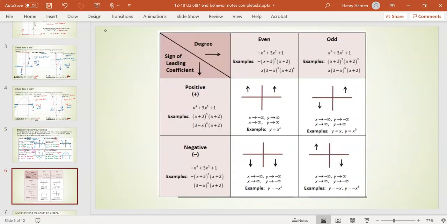So what I did here, this graphic organizer, is I just put this together to show that you start with your degree. If your degree is even, then it lets you know that the arrows point in the same direction. If it's odd, the arrows point in opposite directions. Here the arrows are in the same direction.